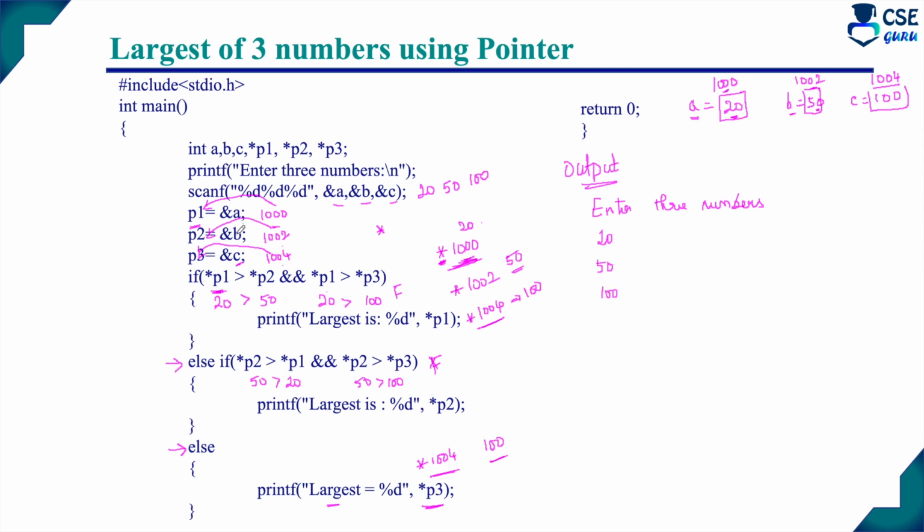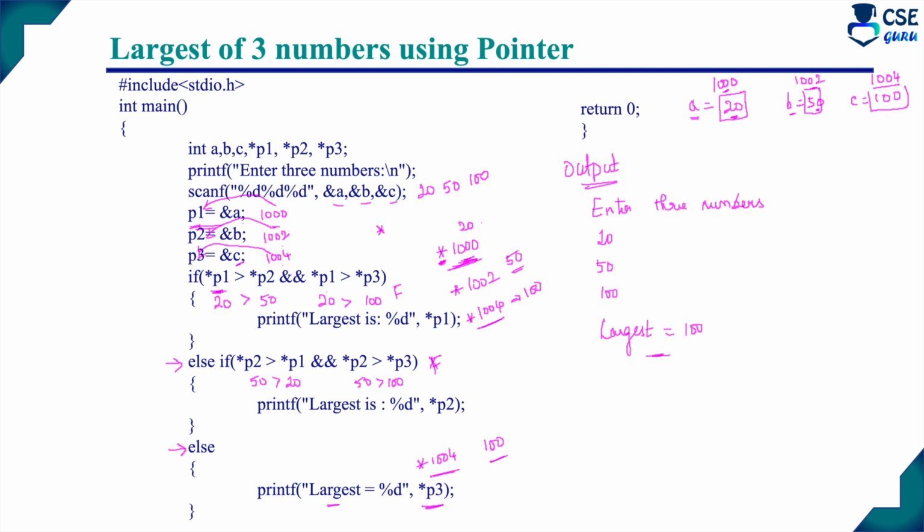Internally, the address of A will be stored in P1, the address of B in P2, and the address of C in P3. Then it will check the conditions and finally print. Only the printf statement shows the message in the output screen: largest is equal to 100. So this is the output we will get in the output screen.